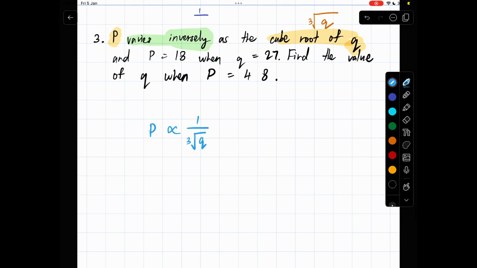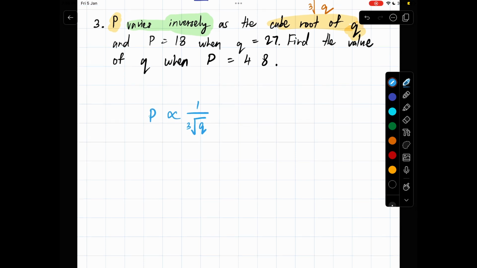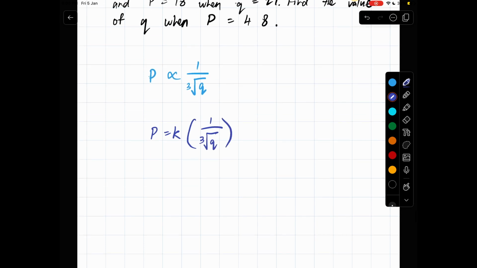And they have given you the values, so it's important for you to find it in equation form as well. Because the question wants you to find q when p is 48. This is very similar to the question before this, the second question, where they have given you values and they want you to find the other unknown. So same thing, in equation form it would look something like p equals k times 1 over cube root of q.